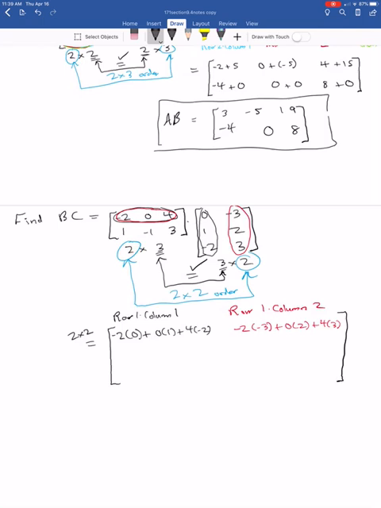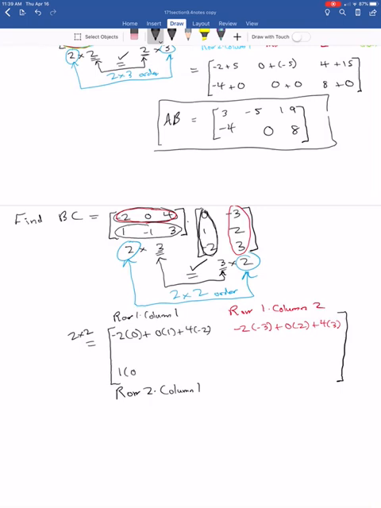And now let's move on to row 2. So now we have to find the row 2 entries. Starting at the bottom left corner, row 2 times column 1. We're going to circle these entries. So I take the 1, the -1, and the 3, and multiply with 0, 1, and -2.